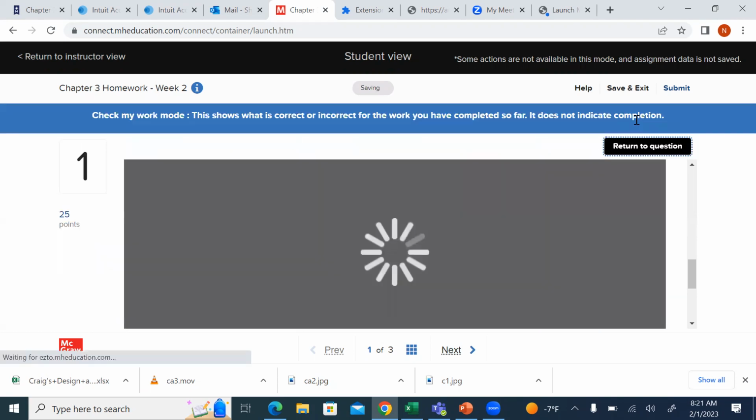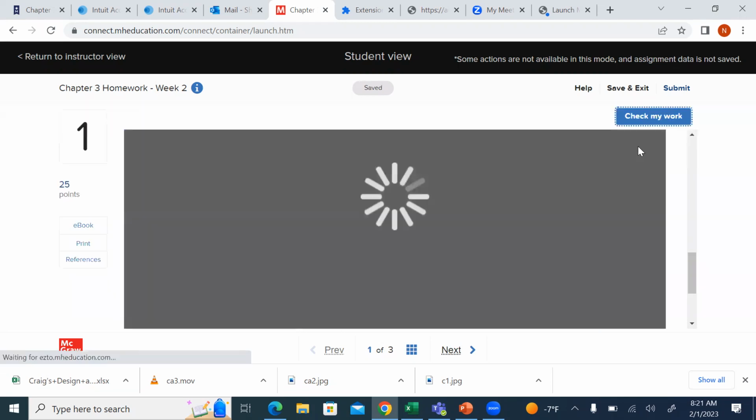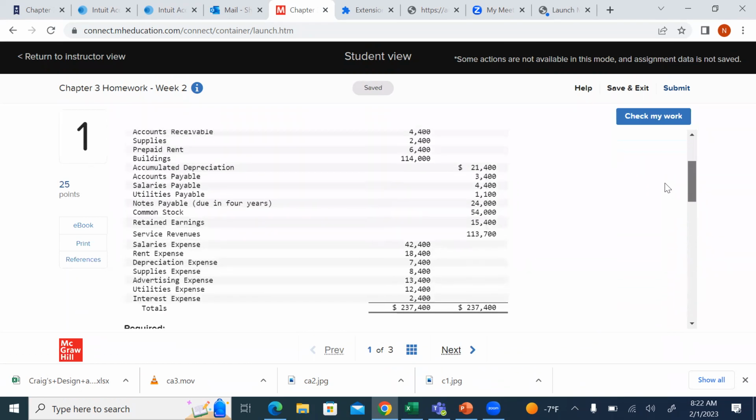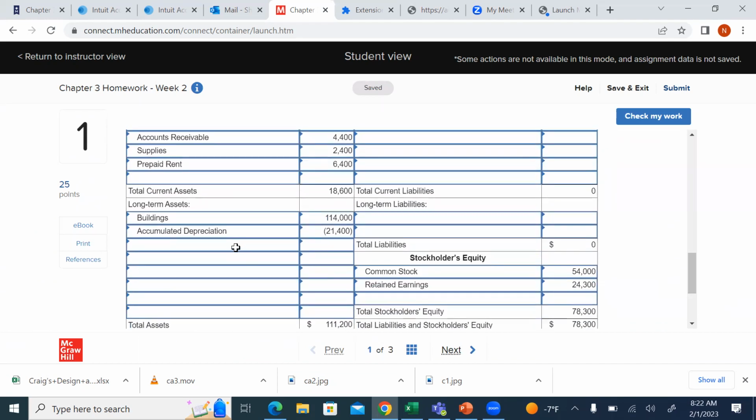Let me just make sure they want us to do it that way. Yep, they do. Okay. Then that's it. That's all we have. So let's just see net building, or do we?